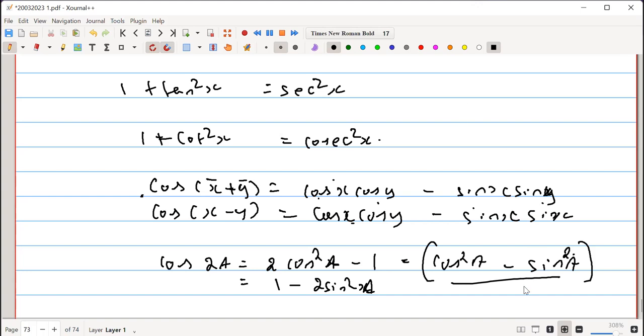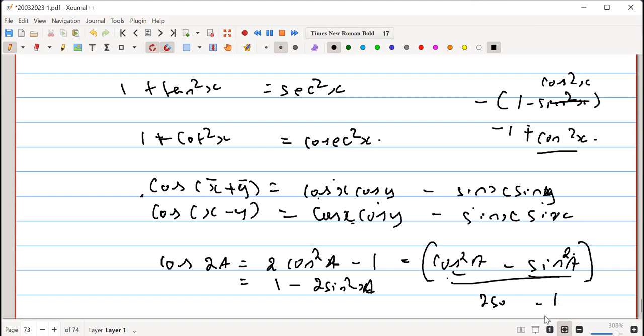Then, when I apply the basic concept, if I want to convert everything into cos, I replace sin squared with 1 minus cos squared. This becomes cos squared plus cos squared, so 2 cos squared a minus 1.